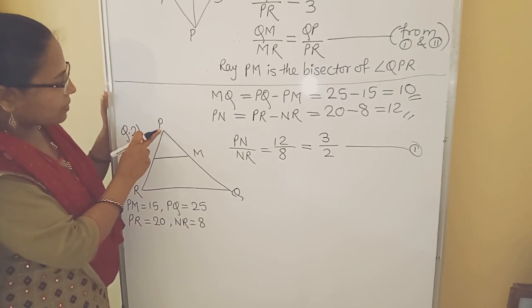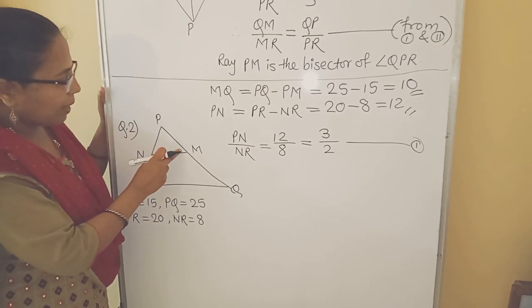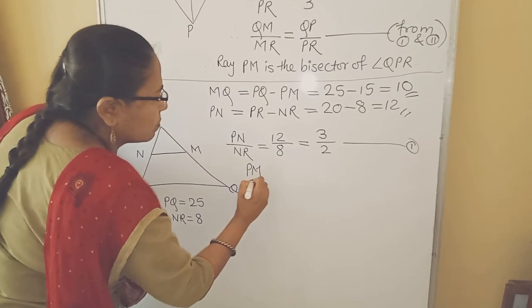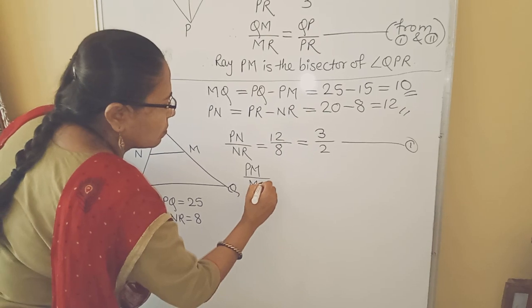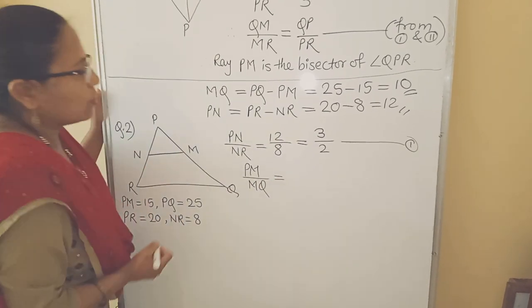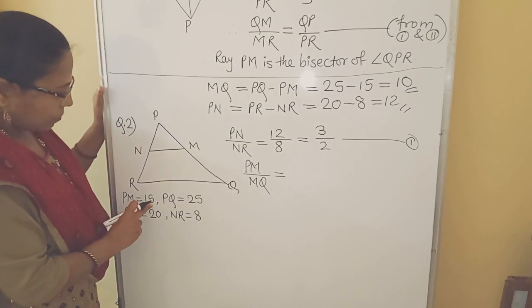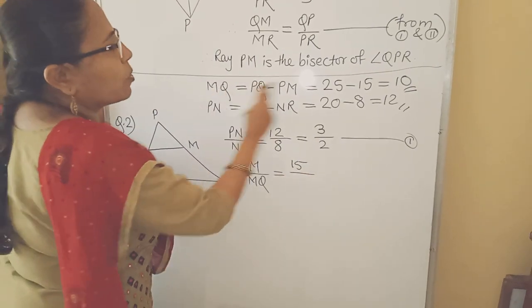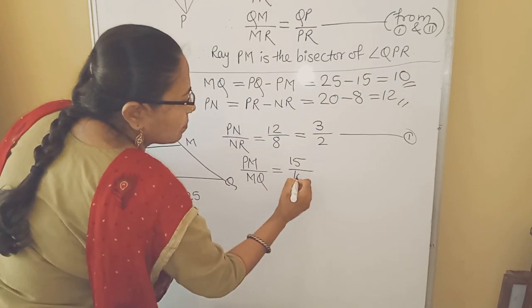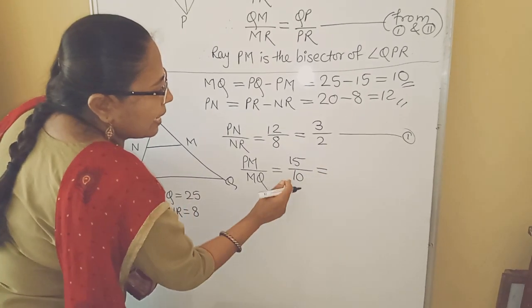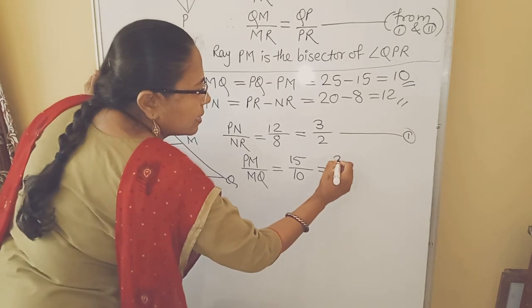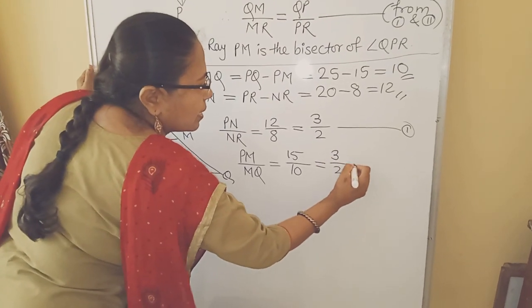Now we will find out the second ratio PM upon MQ. PM is equal to 15 and MQ we got 10. 15 and 10 both are divisible by 5. 5 3s are 15, 5 2s are 10.